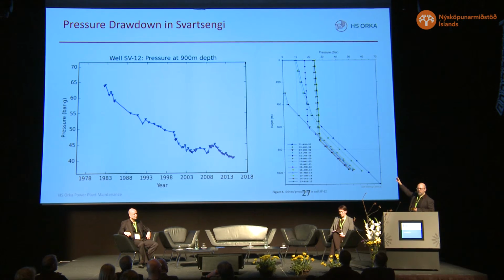Problems arise when you do it the other way around, when you re-inject too much, you get higher pressure in the water-dominated part of the reservoir, but that means you get lower wellhead pressure.